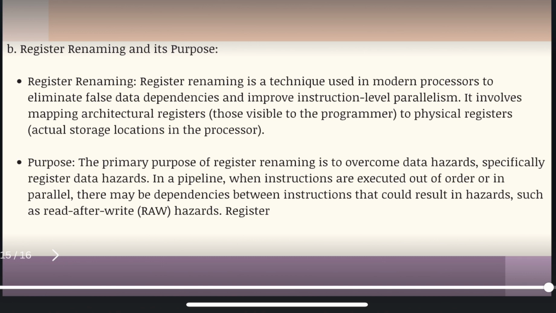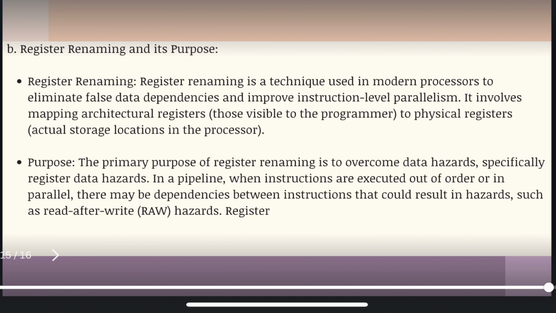In a pipeline, when instructions are run out of sequence or in parallel, there may be dependencies between instructions that could result in hazards such as read after write or RAW hazards. Register renaming reduces this risk by offering a greater number of physical registers, enabling separate execution of different instructions that share an architectural register.